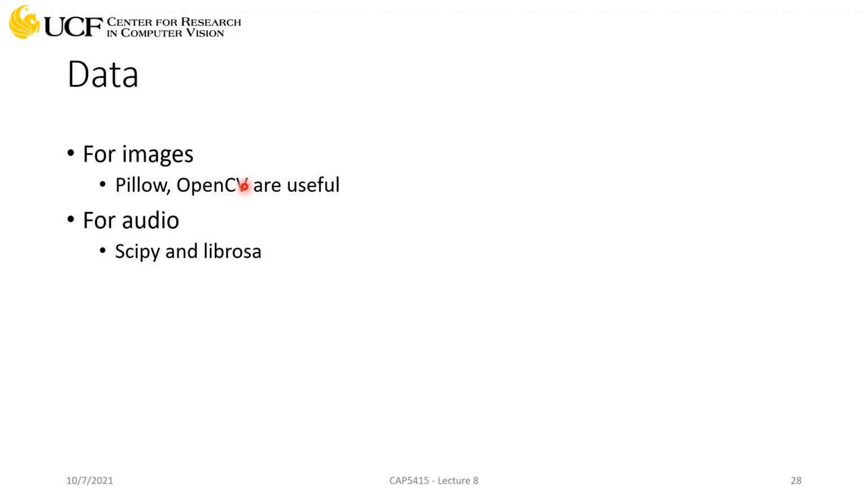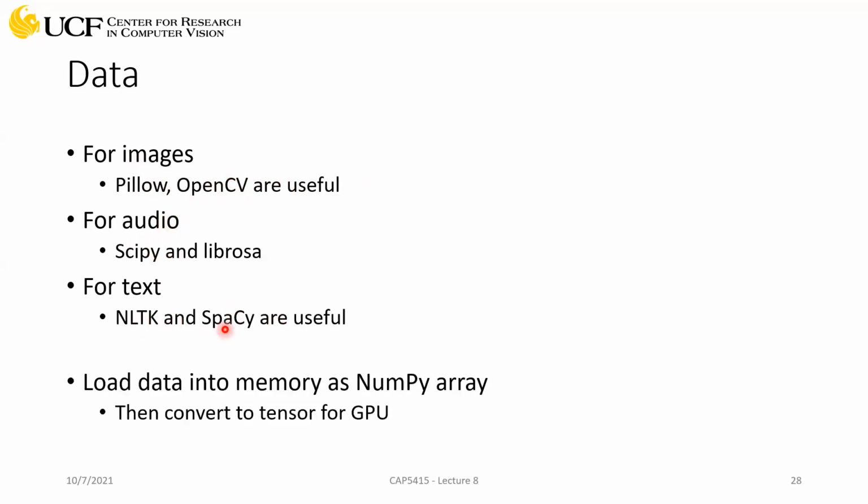So it's really important, and it takes a lot of time. For computer vision, for images and videos, we have different libraries which we can use. We have Pillow, we have OpenCV, and for audio we have some libraries which you can use in Python, and we have them for text as well.